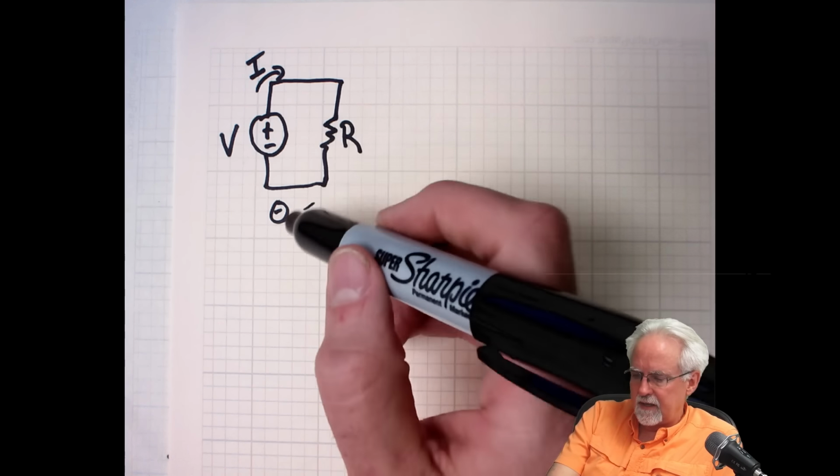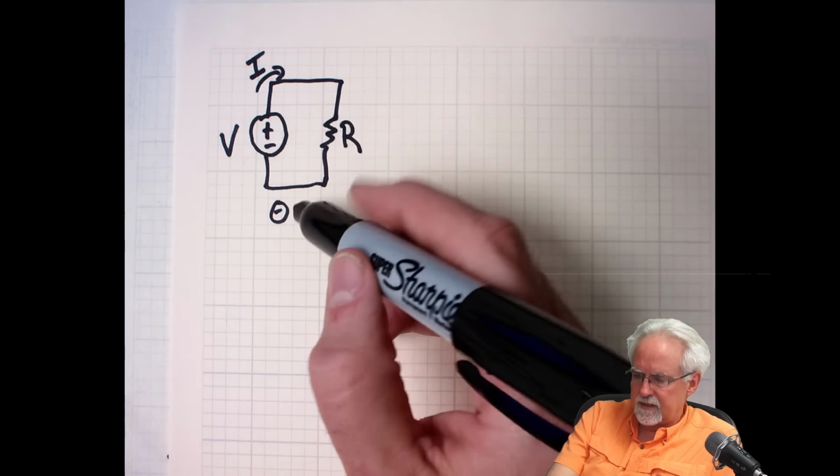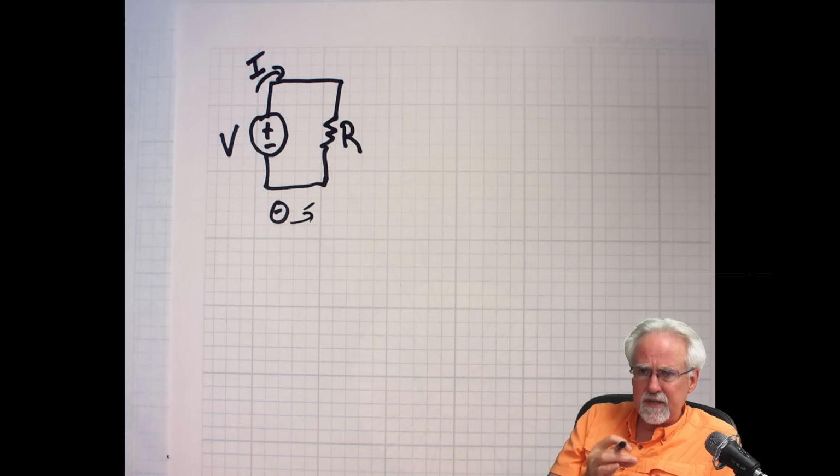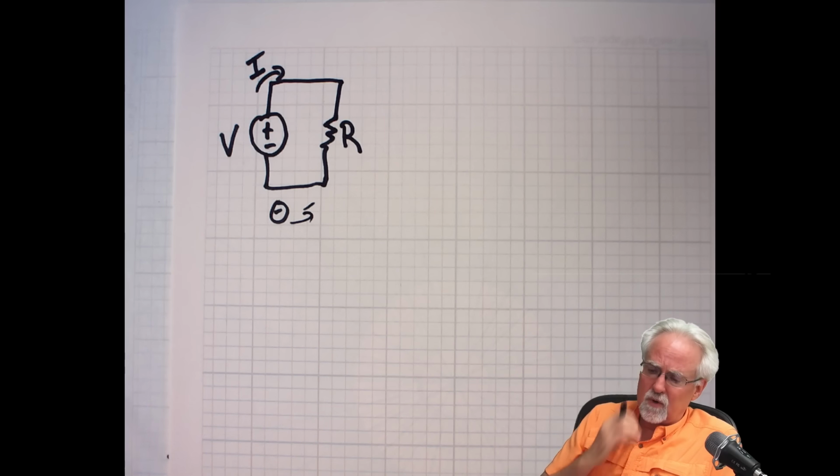So the quirky thing is the electrons are actually flowing this way, but the current is flowing this way. So current flow, the positive current, is in the opposite direction of the actual flow of the electrons.